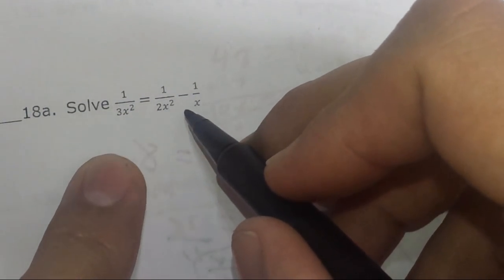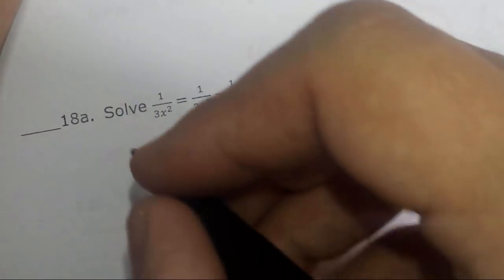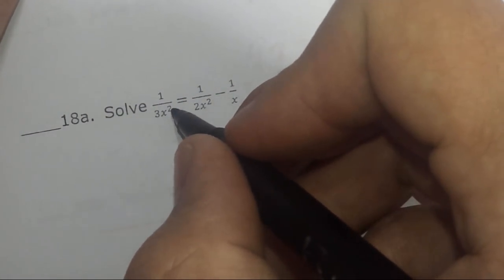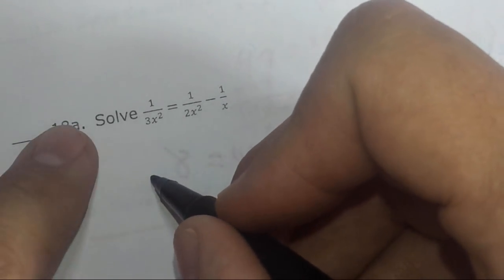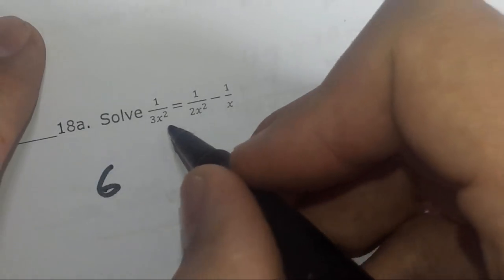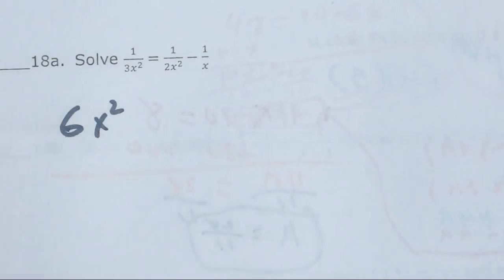We need a common denominator. Let's try to find it. Factors here, we have 3x squared, 2x squared, and x. That means my least common denominator is going to be 6x squared. So I have to multiply everything by 6x squared.